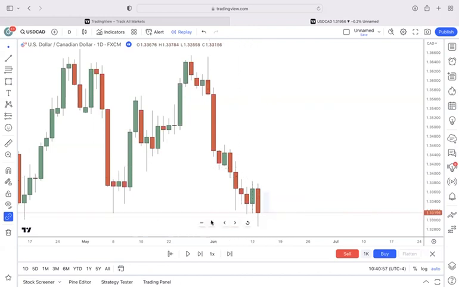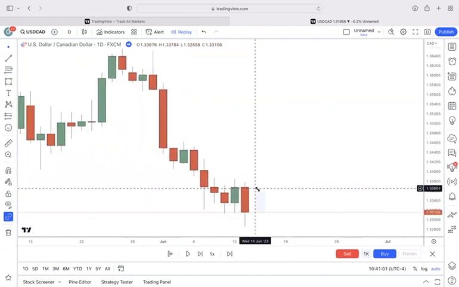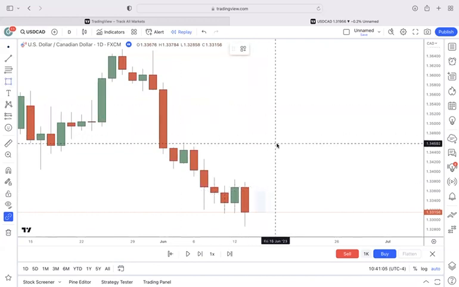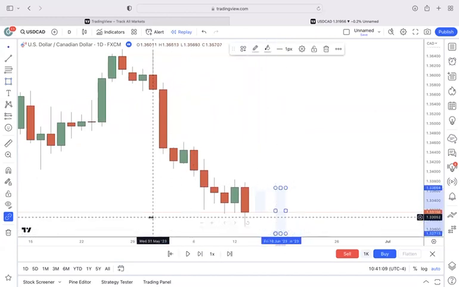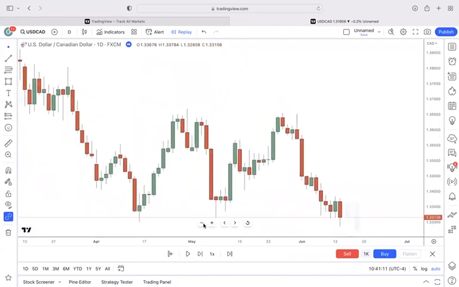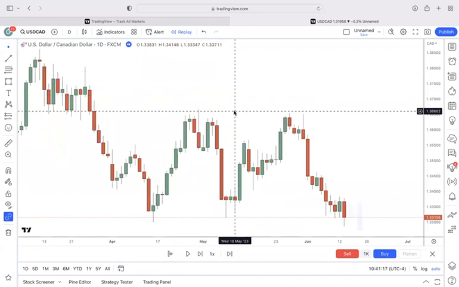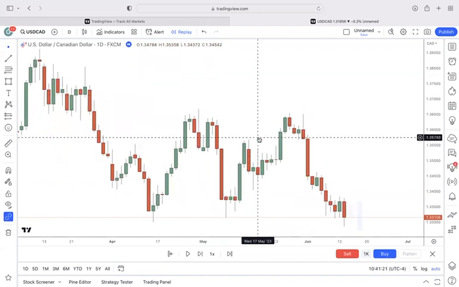I'm sure you've seen that happen, where they close like this, and you're like, oh, they closed above 50% of the order block, but the very next day rejects and goes lower. I see this probably every week, on various time frames. So it's a hard question to answer.